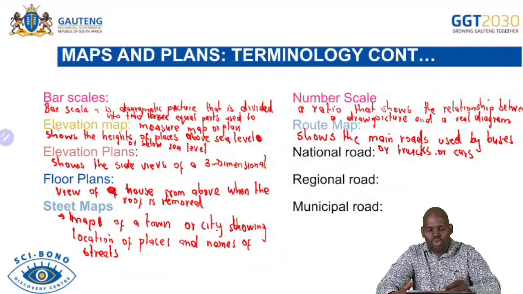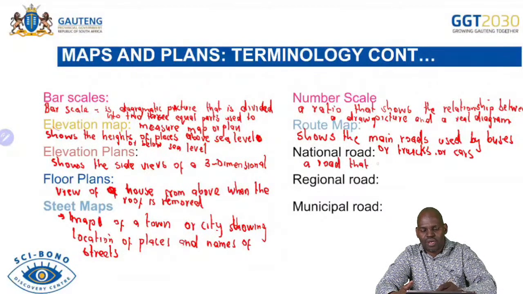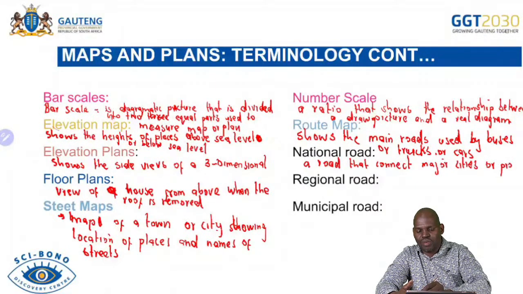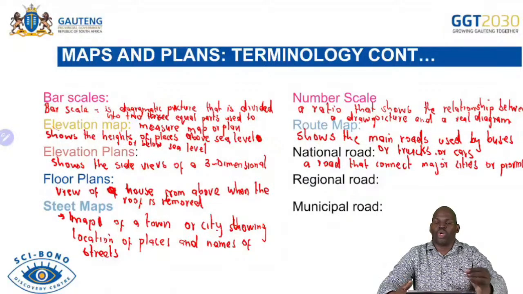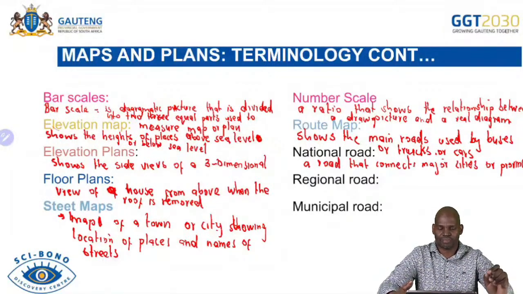So a national road is a road that connects major cities or provinces.